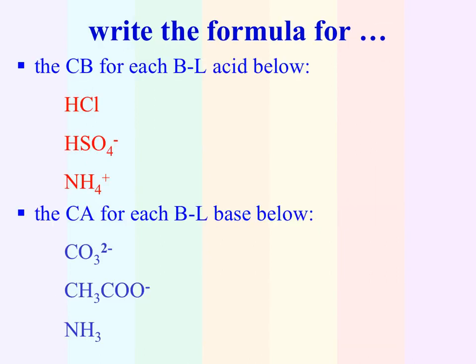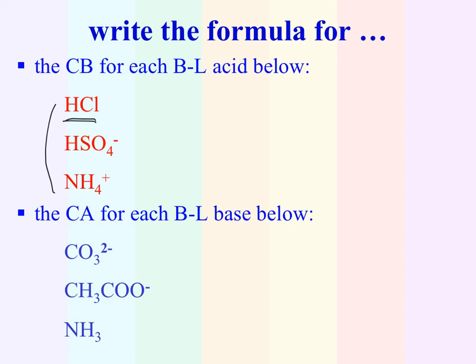Okay, so let's go ahead and look at some situations in which we need to identify our conjugate base or our conjugate acid for Brönsted-Lowry acids and bases. So in this case, HCl. If I put HCl into water, this HCl is going to behave as an acid. So all of these are examples of acids in solutions, right? They all have that H+ ion that they can donate.